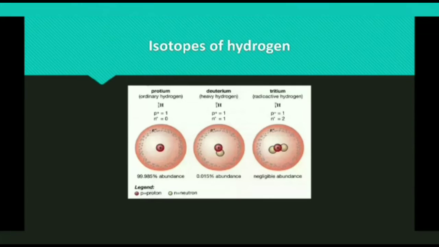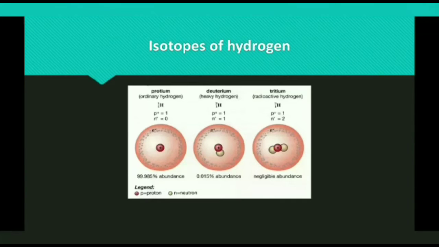This third one, tritium, is hydrogen-1-3, also written as T-1-3. Here the proton is 1, then the neutron is 2, isn't it?